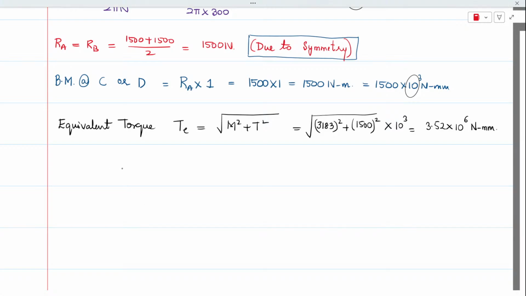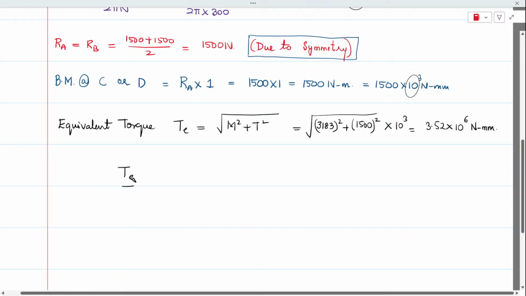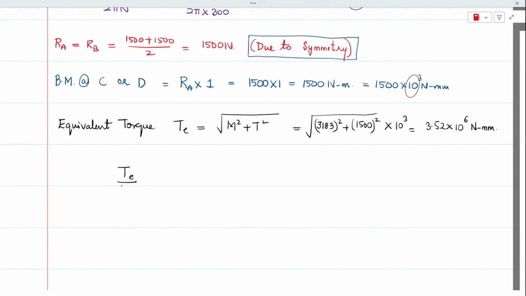So torsion equation, that is equivalent torque by J equal to tau by R. J is pi by 32 d power 4, that is polar moment of inertia, and R is d by 2. So when you substitute these two and simplify, you will be getting this as 16 TE by pi d cube. Okay, let me do that for you.